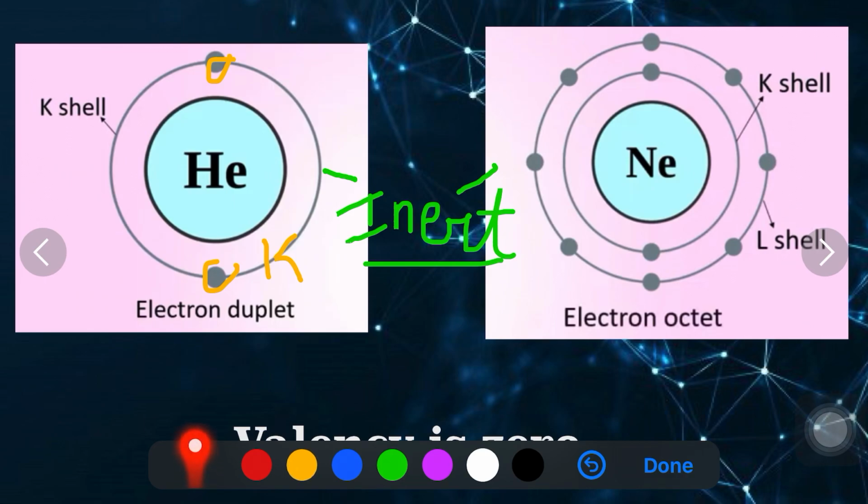So its capacity of 2 electrons is complete, and both electrons are present. That means its shell is complete. Helium has only one K shell that contains electrons, and the same is also the outermost shell. So what is its outermost shell? K. The electron capacity of the K shell is 2. This indicates that the outermost shell of helium is completely filled. It is said that helium has an electron duplet.